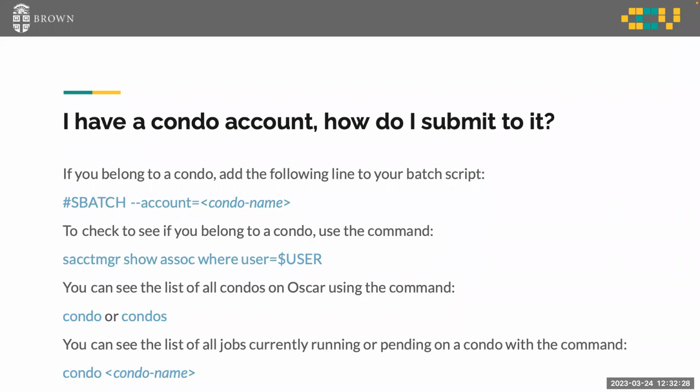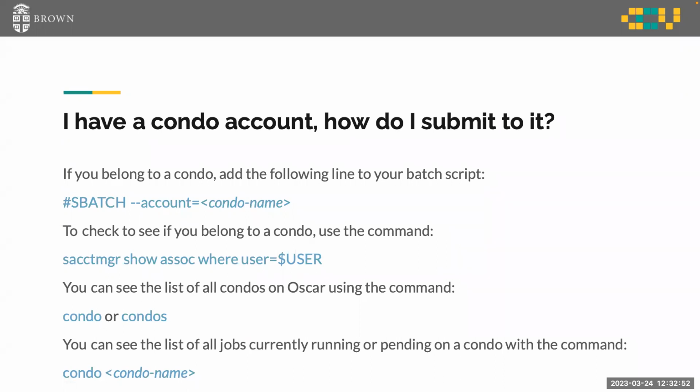A condo is basically where somebody pays to buy hardware on Oscar, or virtual hardware, and it's shared amongst lab members. So if your PI buys 4 nodes on Oscar, then everybody in their lab gets access to those 4 nodes. In theory, your job will run fast, right?